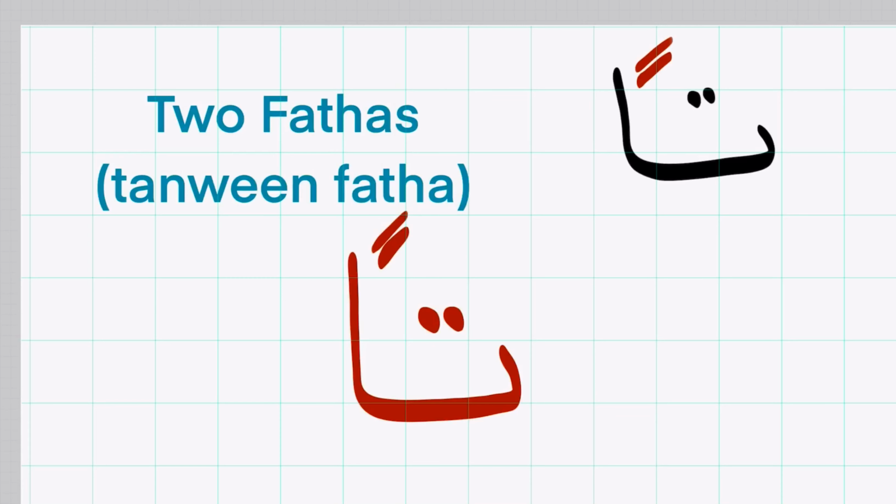It doesn't affect the pronunciation of the letter with the tanween, as if it is non-existent, but it has to be written for completion. So this is pronounced as tan. It's not pronounced as tana. No, it's pronounced as tan, but it's a silent alif letter. Remember that, please.